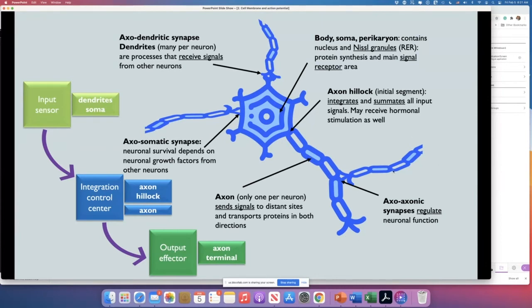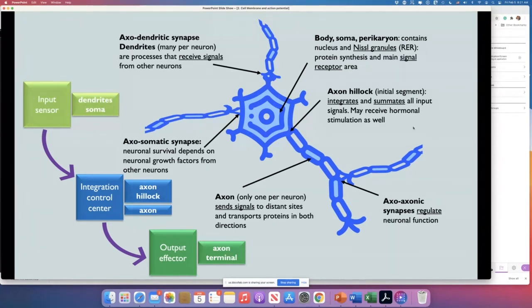Maybe this axo-axonic synapse releases a neurotransmitter that increases the nerve transmission here, to reinforce what this neuron wants to do. But in some cases, this other neuron will release inhibitory neurotransmitters here to stop this neuron from firing.